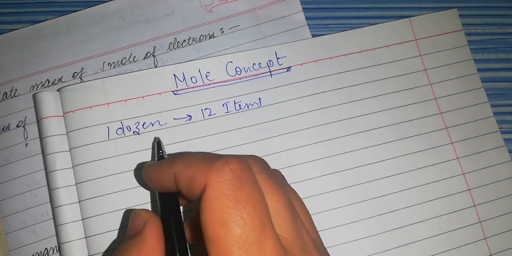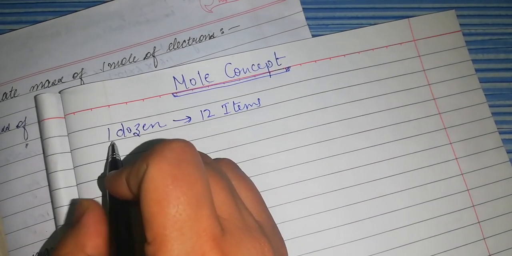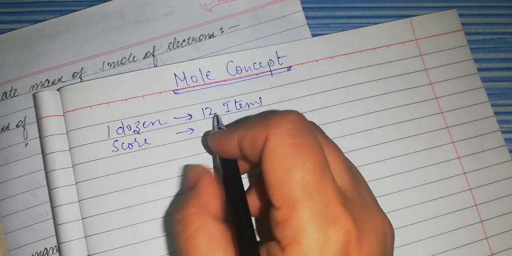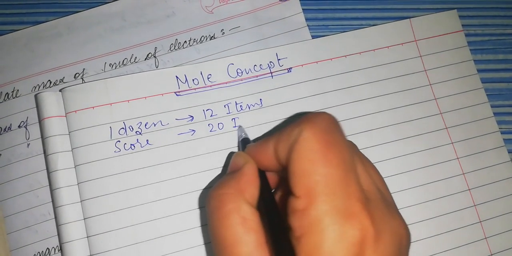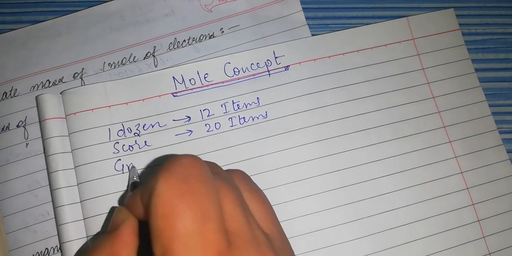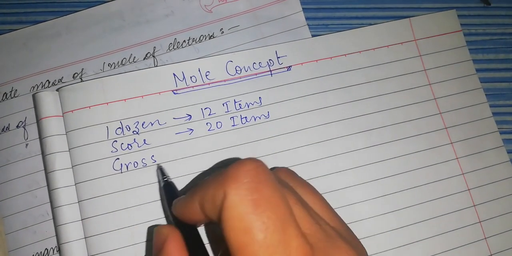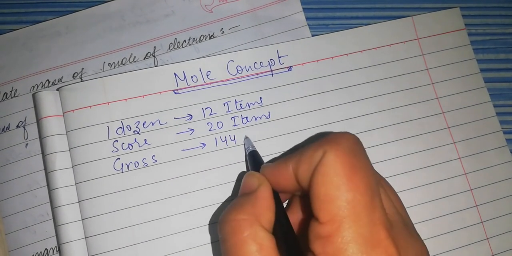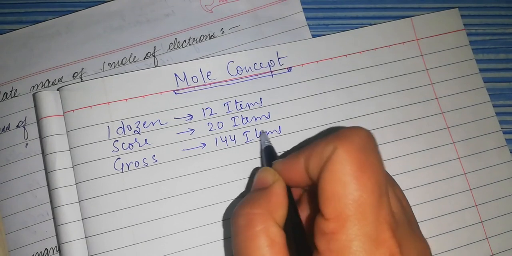In the same way, if we use the term score, this may be new for you, it contains 20 items. And there is a term gross, that is used for 144 items.